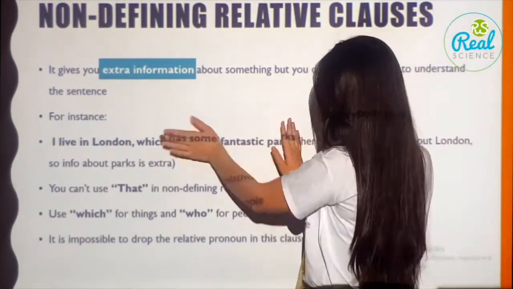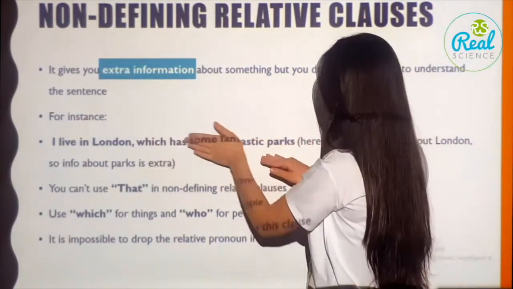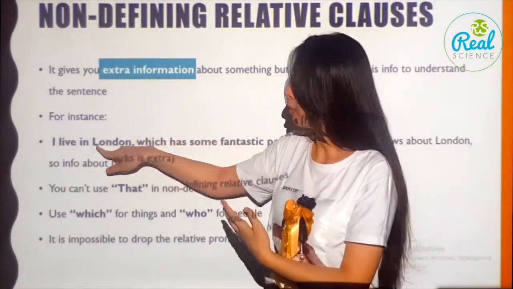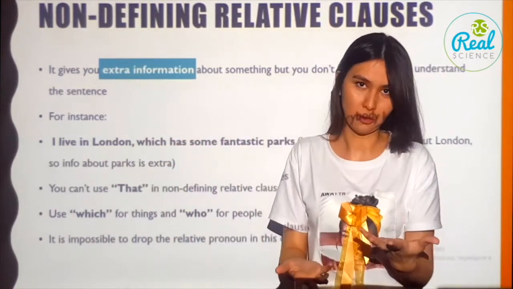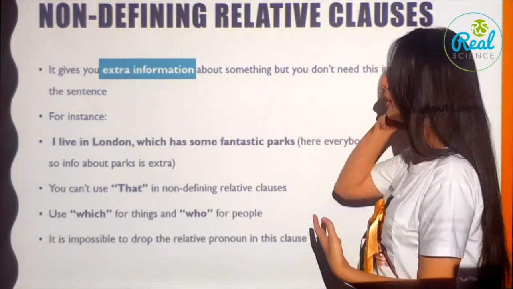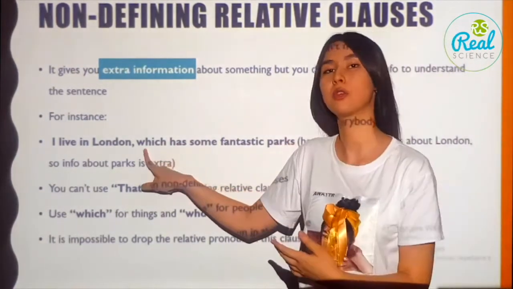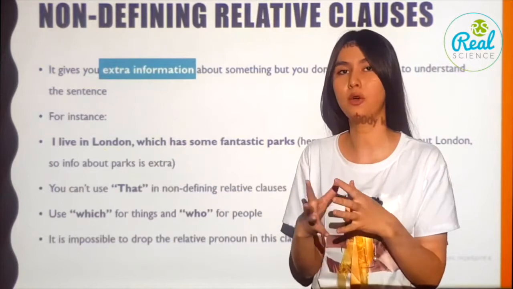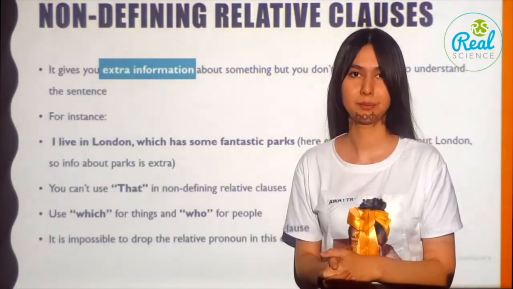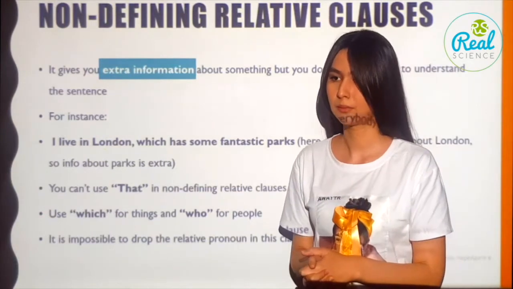Because if you get rid of this part, if you exclude it, the meaning doesn't change. Everybody will know about London, even without this part, okay? Therefore, it is a non-defining relative clause. The meaning of your sentence doesn't change. Got it? Yes. Okay.